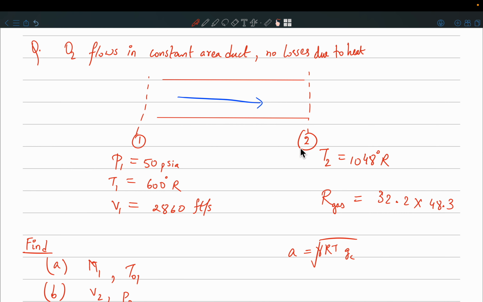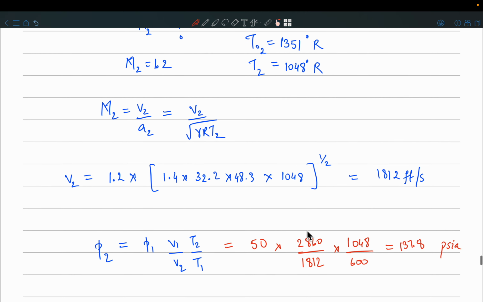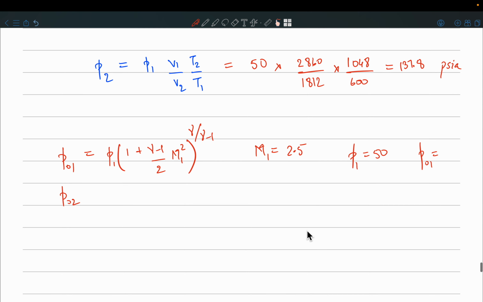Then you are going to station 2 independently and converting those static conditions to some stagnation conditions. So what is the value of P01 that you get? 854.